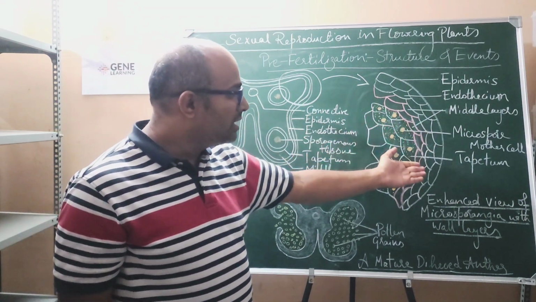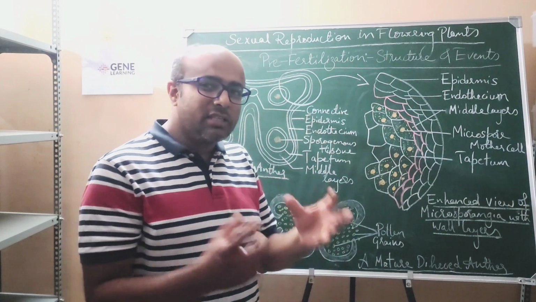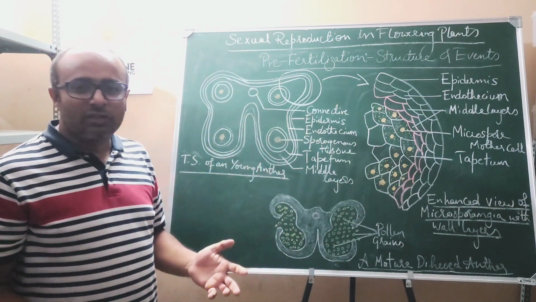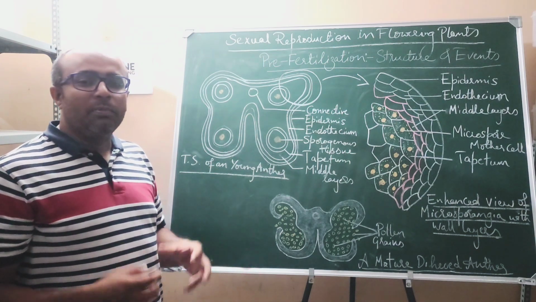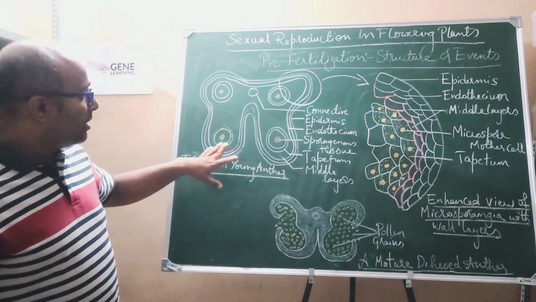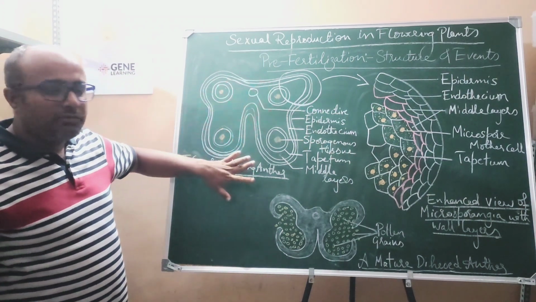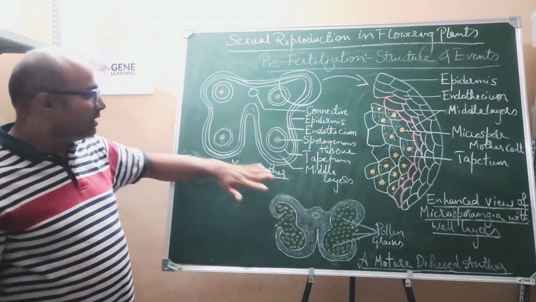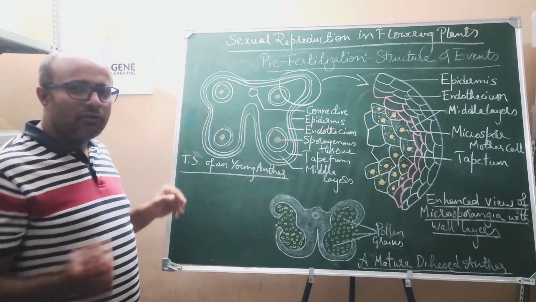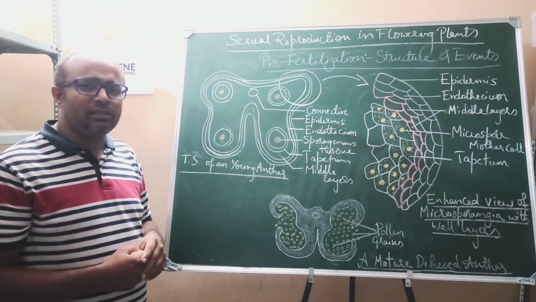Here also we find that the first layer is the epidermis, then the endothecium, middle layers, then you have the microspore mother cells over here, then you have the tapetum. As I told you, tapetum is a very dense layer, and its function is to nourish the developing pollen grains. Now if you look carefully at the TS of the young anther, in the middle of the microsporangia you find dense cells.